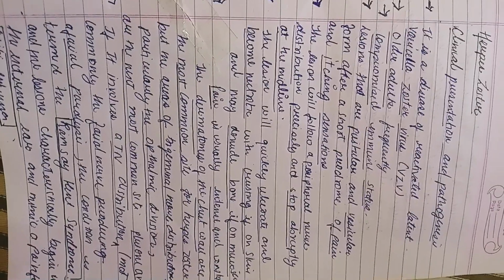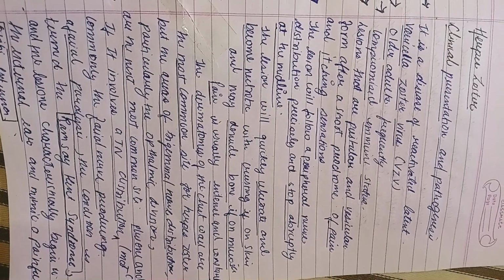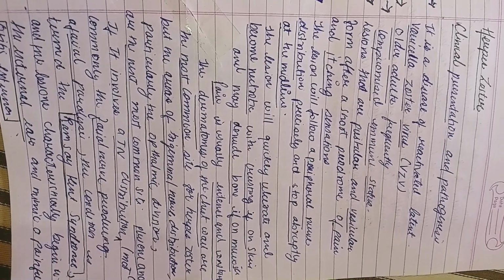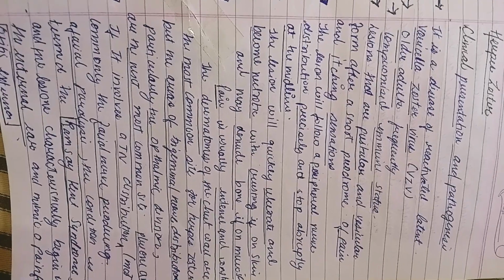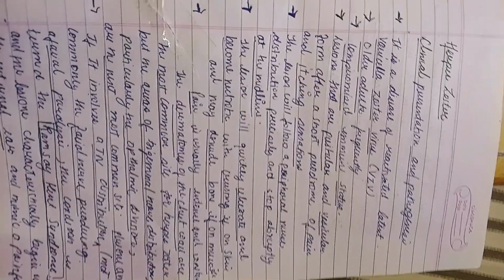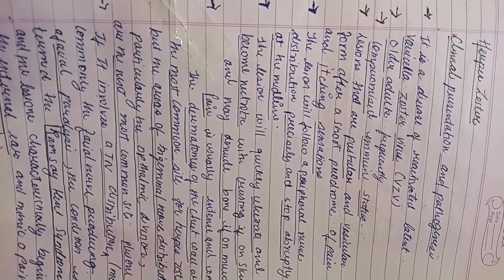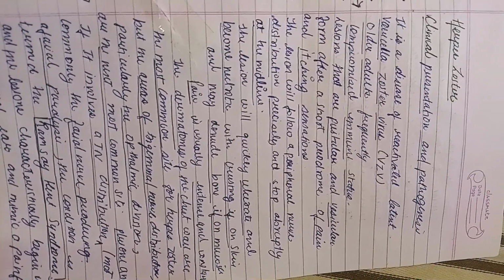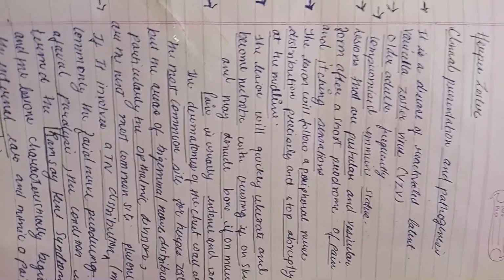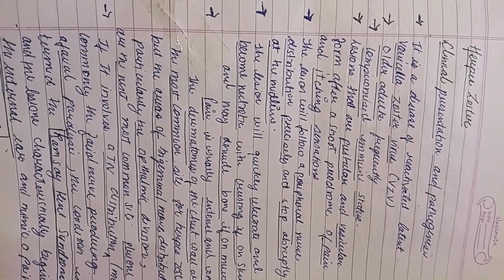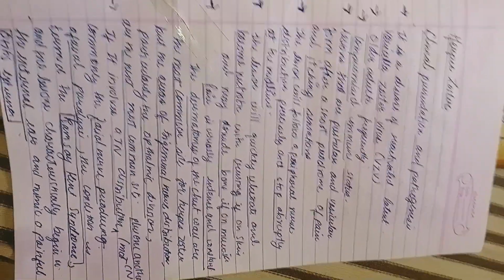Now, the lesion will quickly ulcerate and become necrotic with crusting if on skin and may denude bone if on mucosa. If on skin, they become necrotic with crusting, and if on mucosa, for example in the oral mucosa, in the mandible you see denuded bone. So, denudation of bone occurs on mucosa.